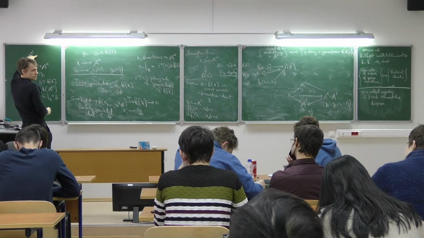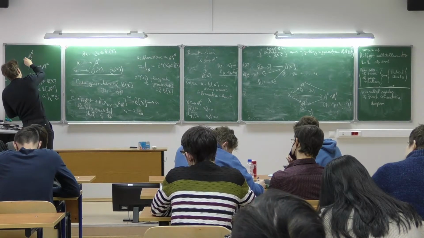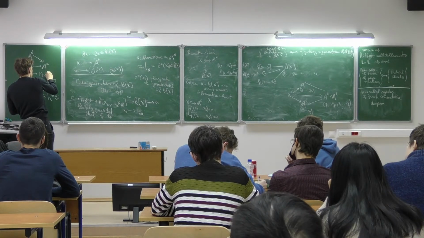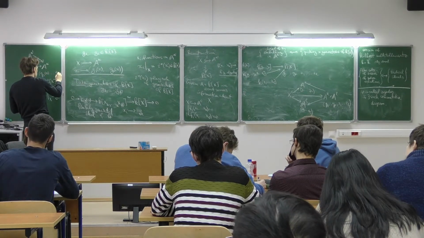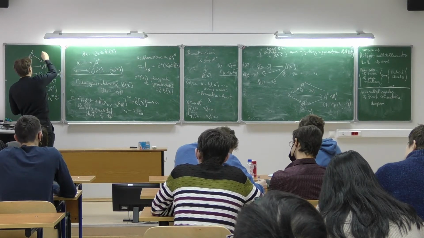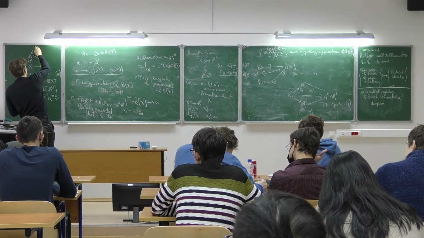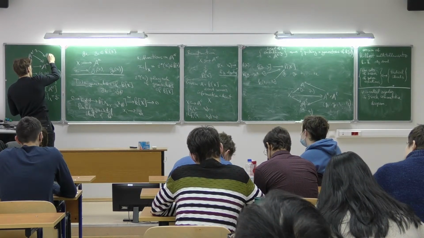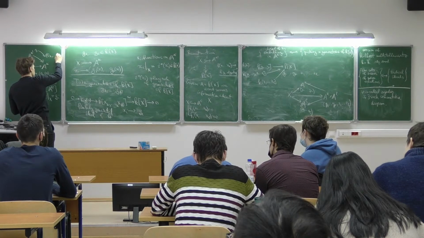And you may make this diagram commutative, where you are taking the map g_1, ..., g_k, and given a point y here, you may map it to g_1, etc., g_k.